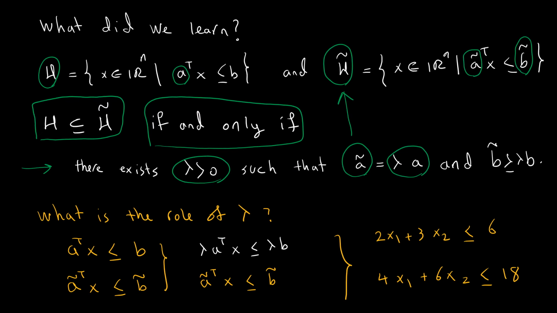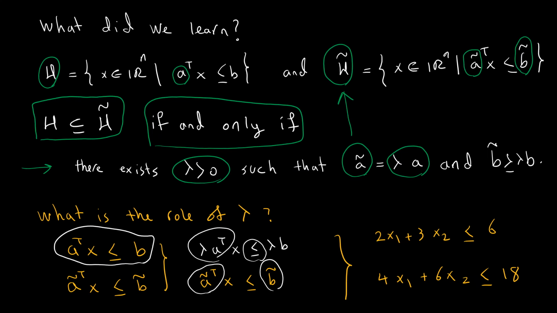Why is this the case, and what is the role of lambda? Suppose we have a half space H. If you multiply by lambda, which is greater than 0, you're not messing up the inequality, so we preserve that. And if that is the case, we are going to have lambda times A transpose, which is going to be A tilde transpose, and we have B tilde, therefore we can include H in H tilde.